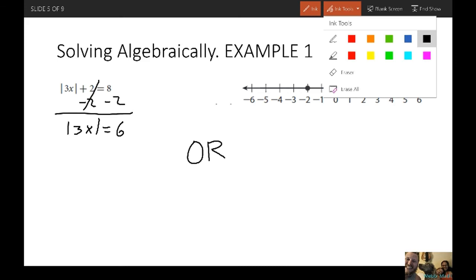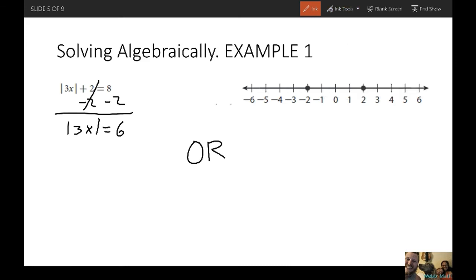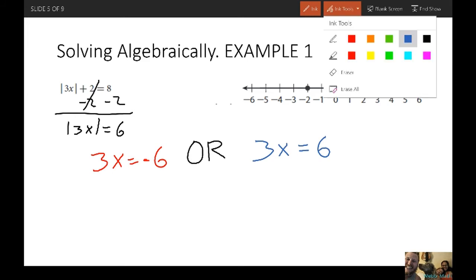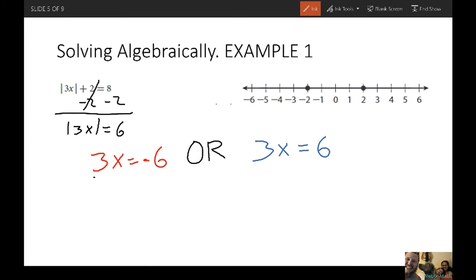Now I'll set up my disjunction, which again is going to be an OR statement. So in the left corner, we have 3x equaling negative 6. Or in the blue corner, 3x equaling his positive brother 6. Okay, so basically we're just going to solve. Use division property. x equals negative 2.